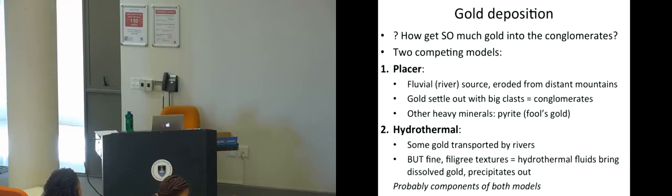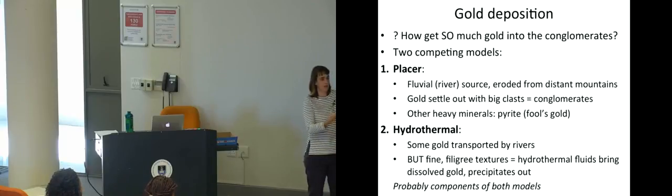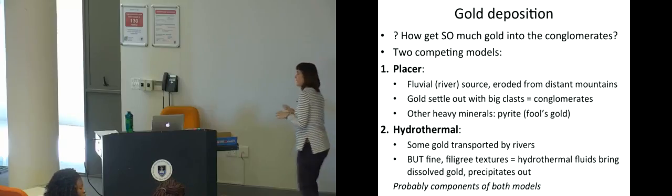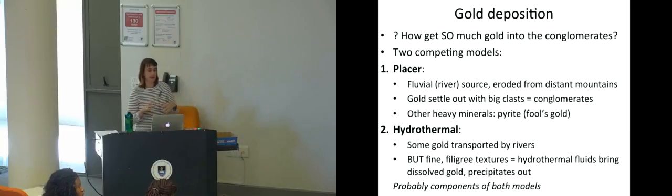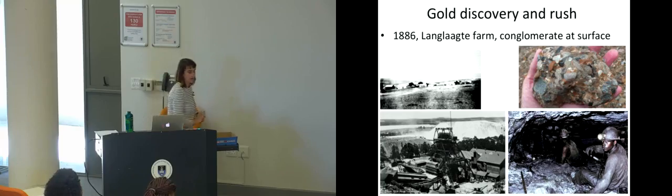And then the other model is the hydrothermal model, which is hydrothermal fluids that are rich in gold, and they come from underground and percolate up, and the gold precipitates out. We have evidence for gold from both sources, so most likely there are components of both models that have concentrated the gold.